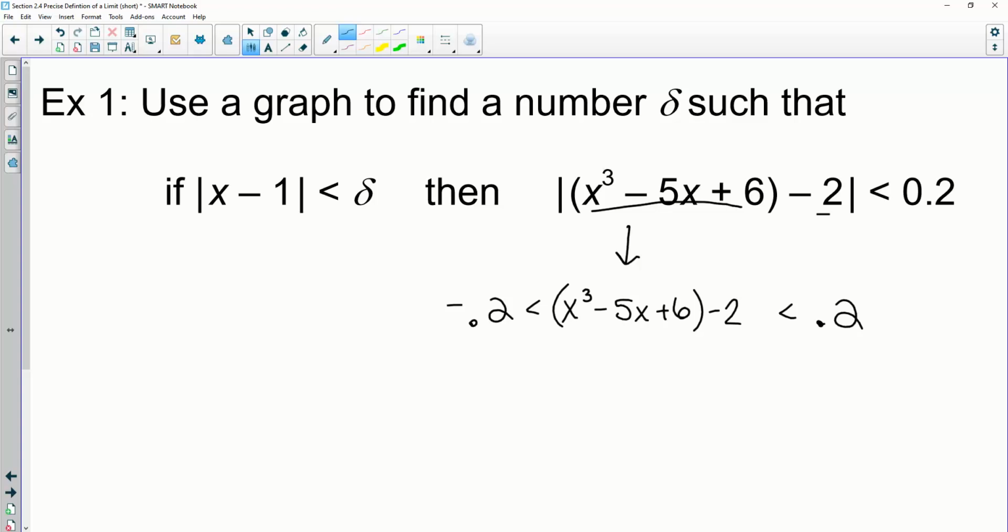Absolute value, compound inequalities. So let's say it's an and. So the true distance is between negative 0.2 and positive 0.2. If I add my 2, then we get negative 0.2 plus 2, 1.8.